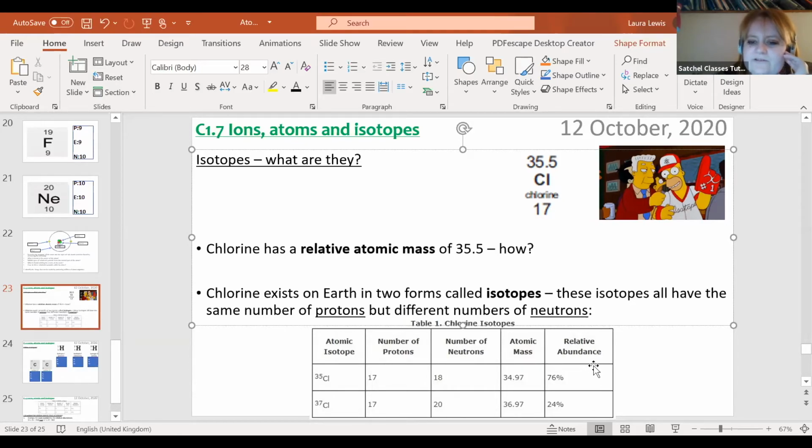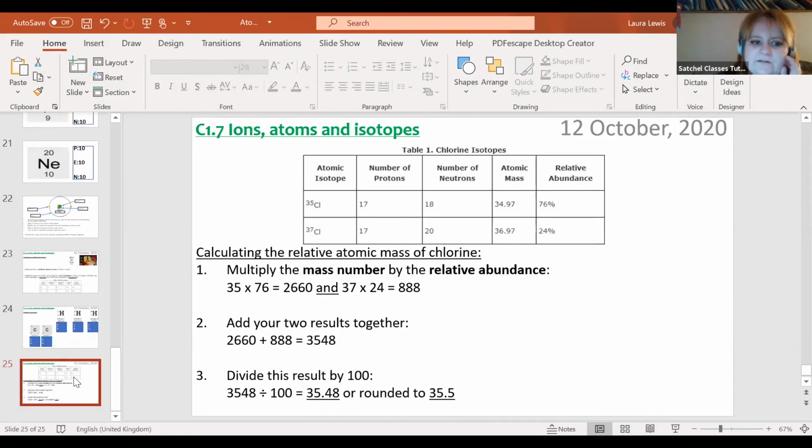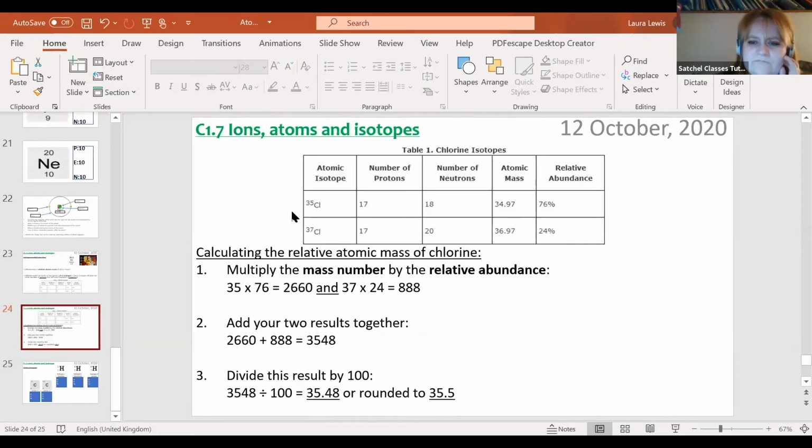Relative abundance is how much there is on Earth. So 76% of chlorine on Earth is chlorine 35, and 24% on Earth is chlorine 37. Notice they add up to 100%. So we've got that on the next slide.